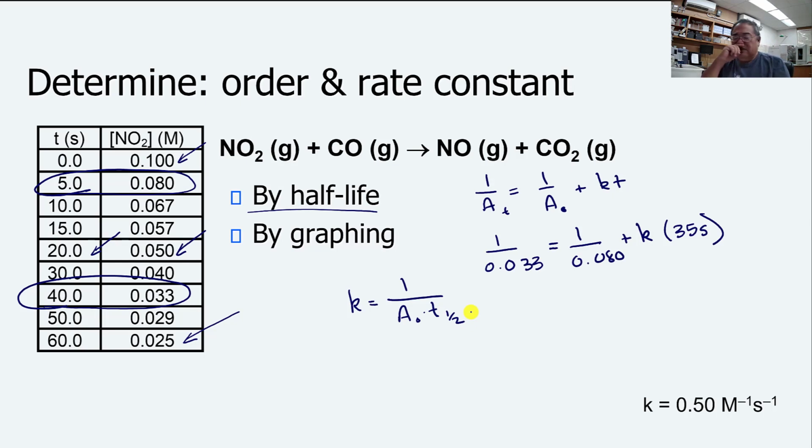So you would take this value as A0, so K would be equal to 1 over 0.100 molarity units, and T1 half would be 20 seconds like this, right? And then what you'll get is 20 times 0.12, so K is 0.5.